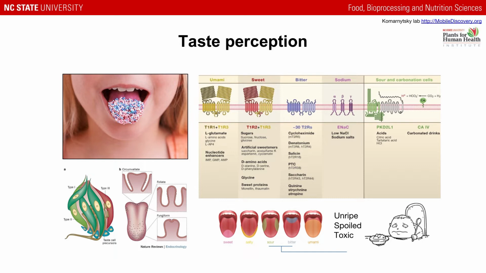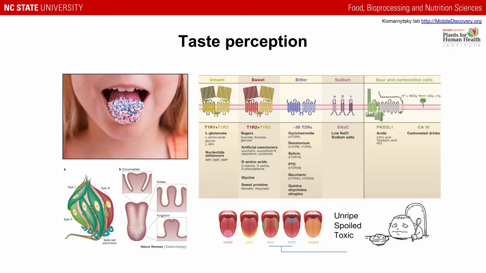However, if you have type 1 receptor 1 and type 1 receptor 3 together, you perceive umami. You perceive amino acids, which give you a very particular taste. Okay? Now, the interesting thing about it, right?